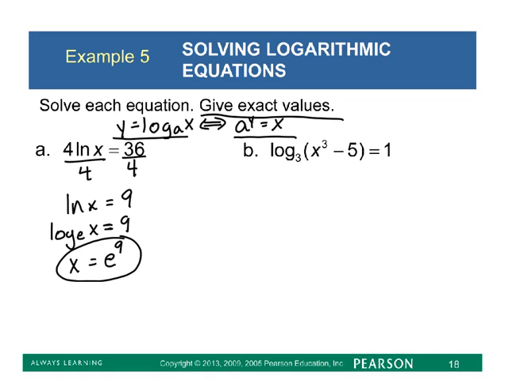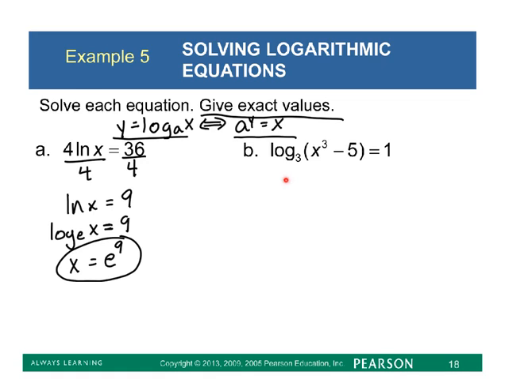Okay, let's look at part B. This logarithm is all by itself. There's no number in front that's being multiplied, so no division or anything. We just need to simply change this logarithmic equation into its exponential form. So I take our base, which is 3, and we do this.